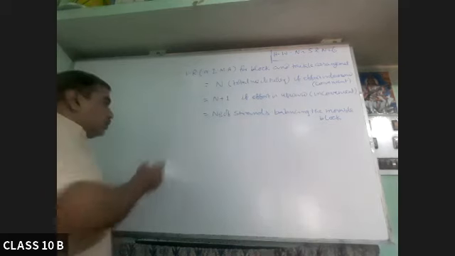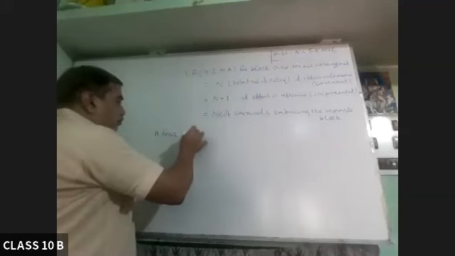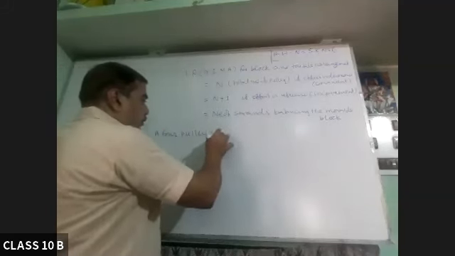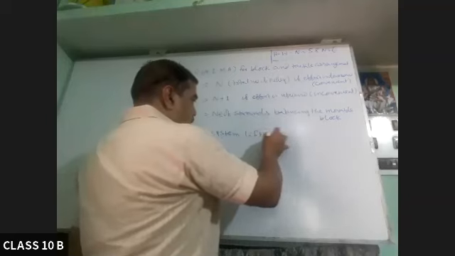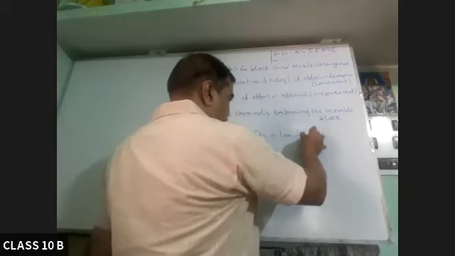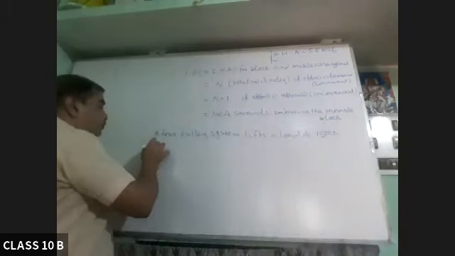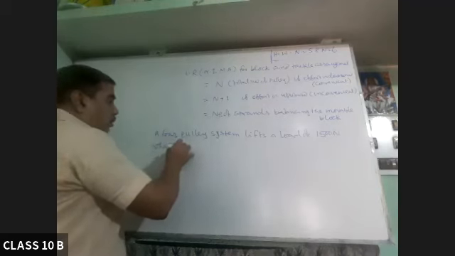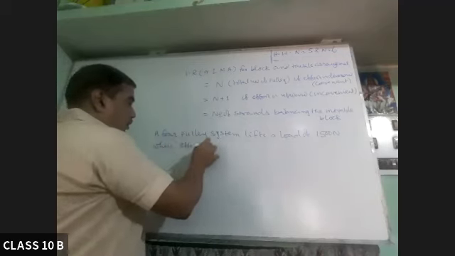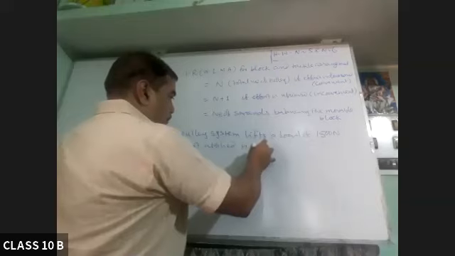Okay, now suppose a numerical we will solve. A 4 pulley system lifts a load of 1500 Newton when effort applied is 400 Newton.